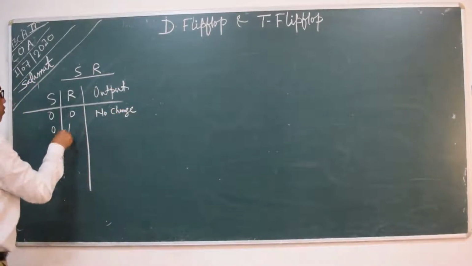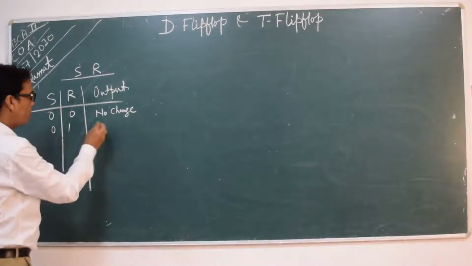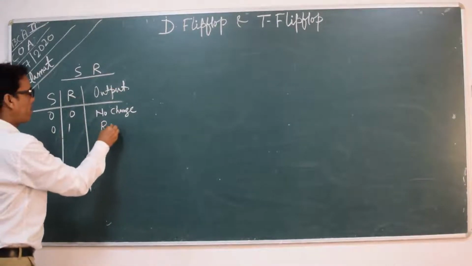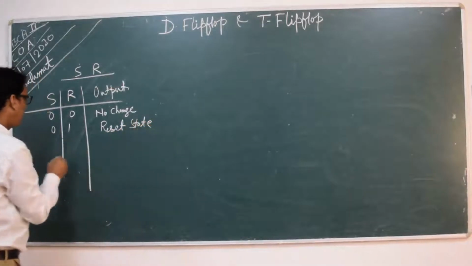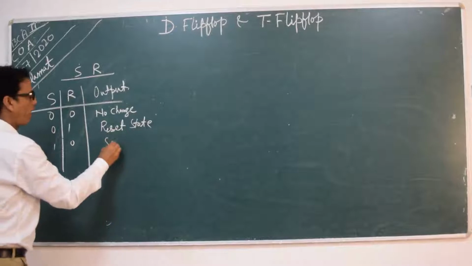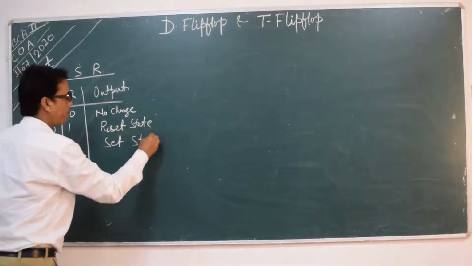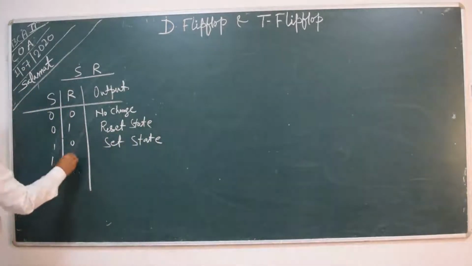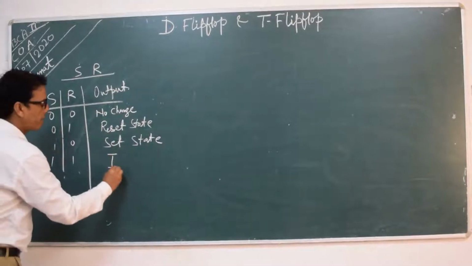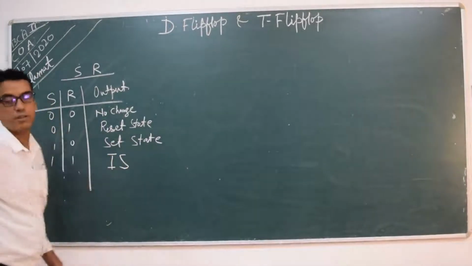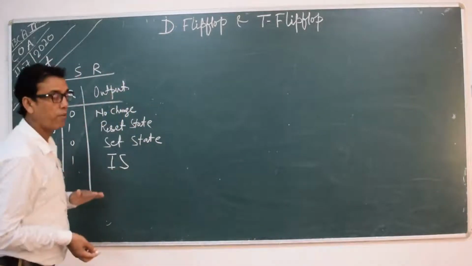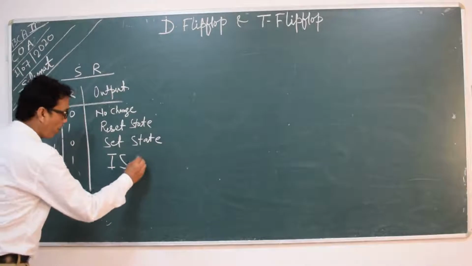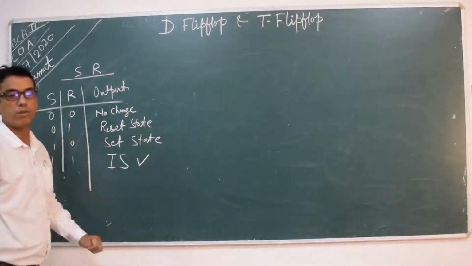In the case of 0, 1, it is known as reset state, and in the case of 1, 0, it is known as set state, and 1, 1 is invalid state. But when JK flip-flop was devised, this problem was sorted out.